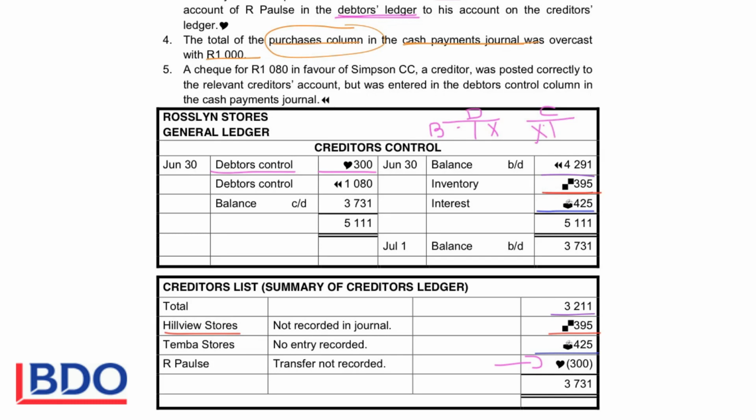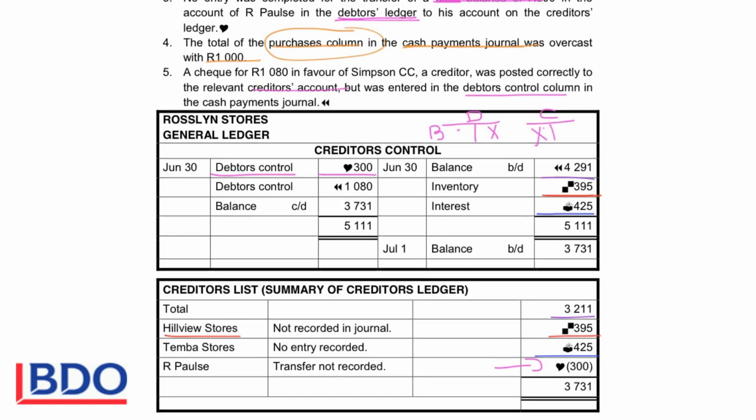The check for 1080 in favor of Simpson, a creditor, was posted correctly to the relevant creditors account, so there was no mistake in the creditors list. We don't have to correct anything there. But it was entered in the debtors control column in the cash payments journal. So if it was put into the debtors control column, it means that we posted this entry to the debit side of my debtors control account.